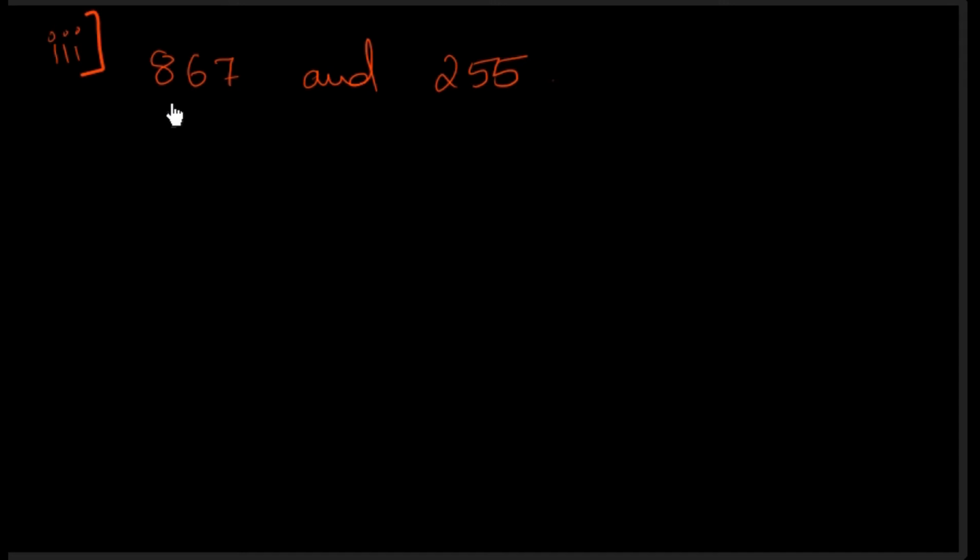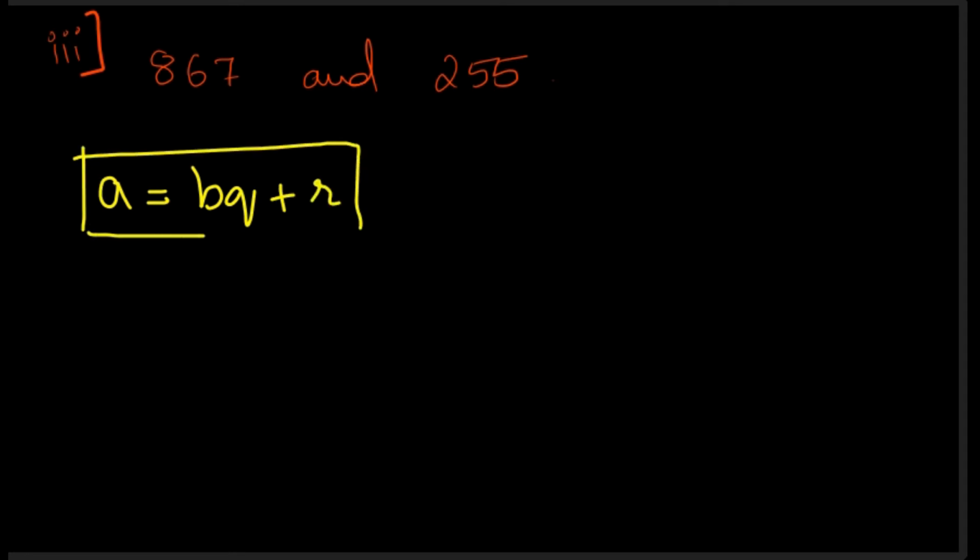Solving part 3. We need to find the HCF of 867 and 255 using Euclid division lemma. Euclid division lemma algorithm is A equals bq plus r, where A is greater than B and B is greater than R, which is greater or equal to 0.